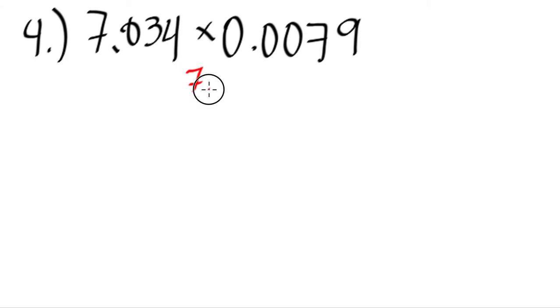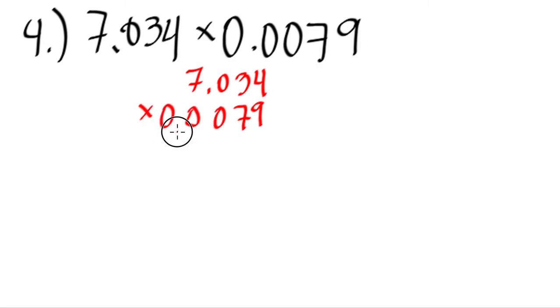We have 7.034 times 0.0079. Again, the first digits 4 and 9 must be aligned.